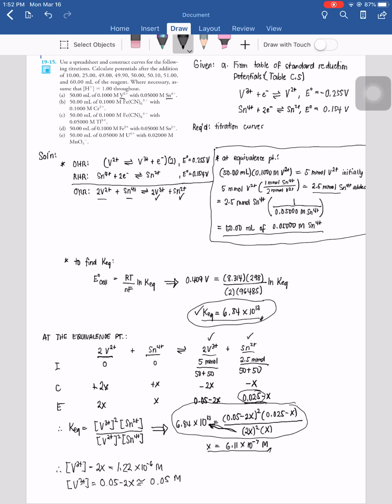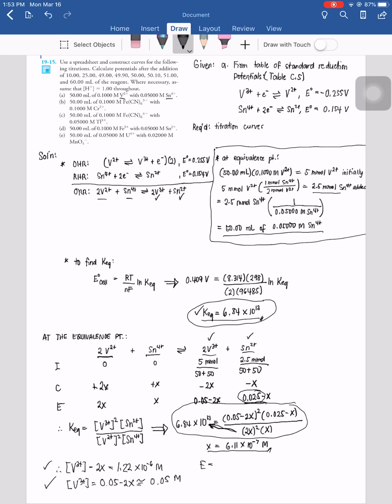Now with these molar concentrations already known, once again, we compute the value of our E. So E here is going to be computed just the same as what we've done in our previous video.